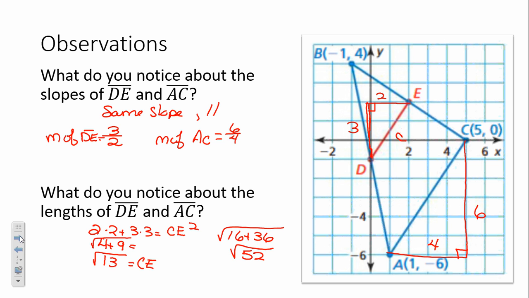We did that because we noticed that I've got a horizontal distance of 4 and a vertical distance of 6 that I figured out for my slope a little bit ago. And so this is a leg of a right triangle, and this is a leg of a right triangle. So there's my hypotenuse. So if I do leg squared plus leg squared, I get my hypotenuse squared.